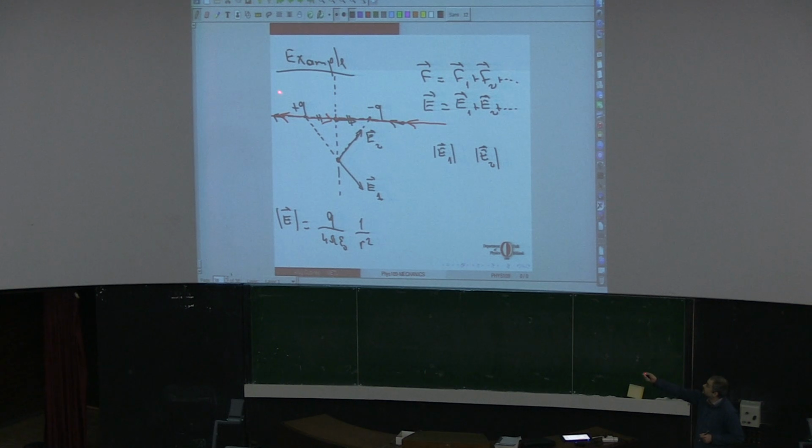So r is the same. This is just a constant, the same for both of them. So the magnitudes are equal, only because this line goes through the middle of these two charges and is perpendicular to them. So if you just sum these two vectors, you will get a horizontal electric field.